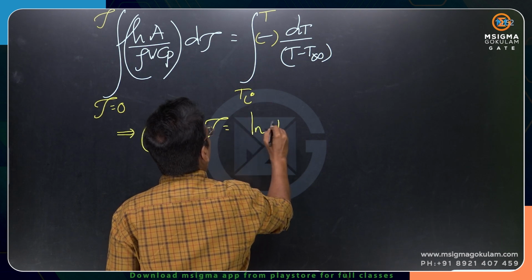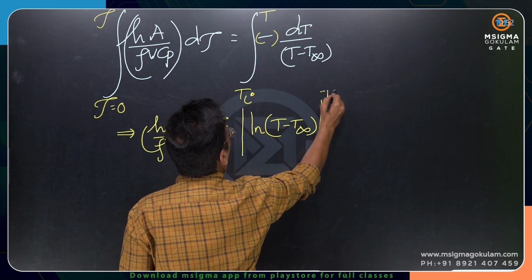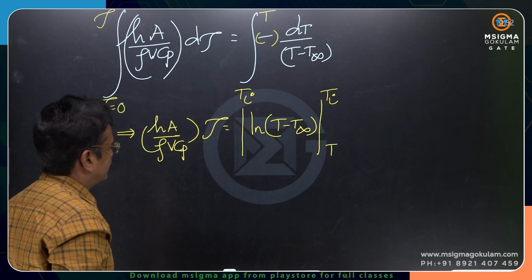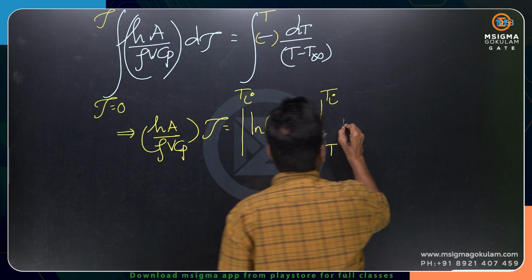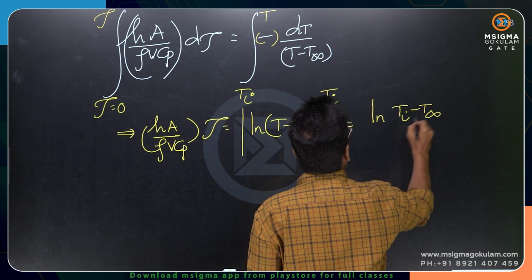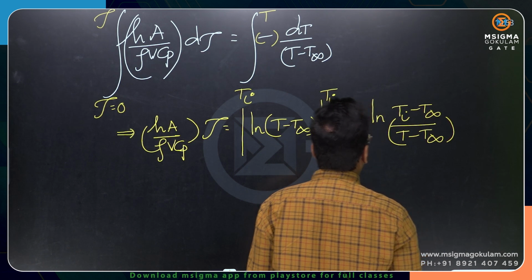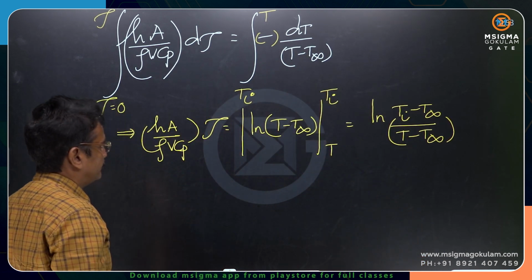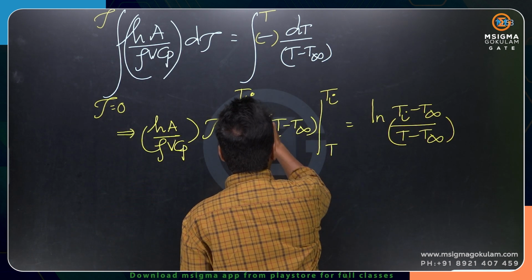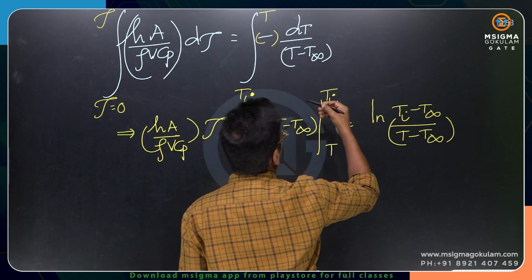It becomes log of T minus T infinity, so it becomes log Ti minus T infinity divided by T minus T infinity. The limits were interchanged by removing the minus.